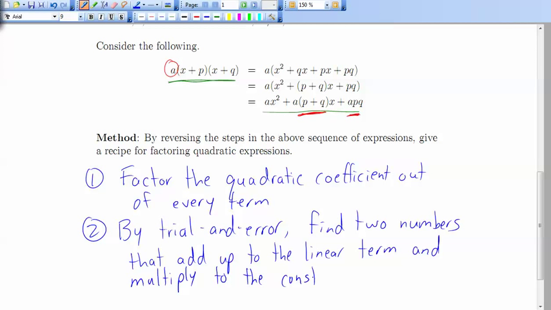Now, how does that help us? Well, what role are p and q playing in the original factorization? Take a look at them. Here they are here. They tell us exactly what the factors should be. Okay, we'll have x plus p times x plus q. So let's see an example of how this works.